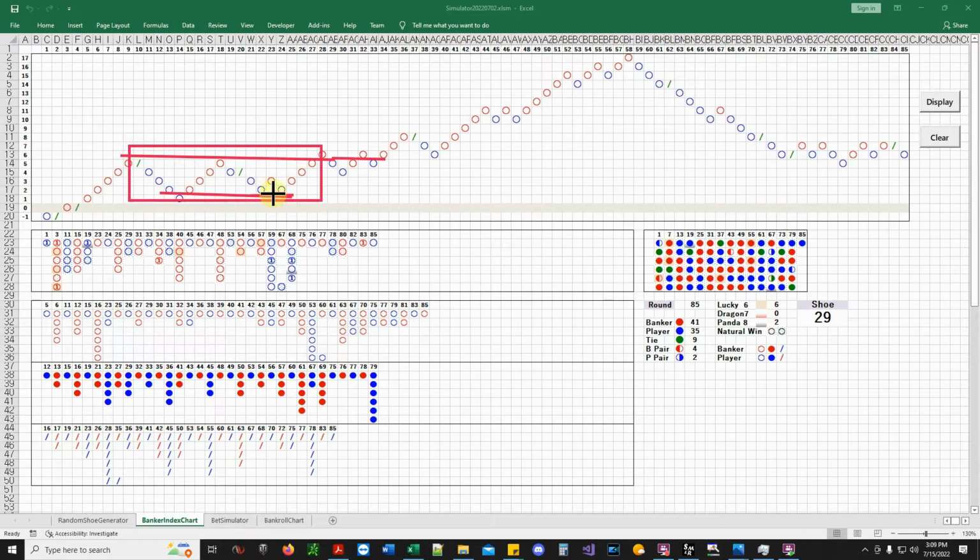Notice from this point on to that point, that's basically a sideways market. But let's get into market structure so we can discuss the sideways market.